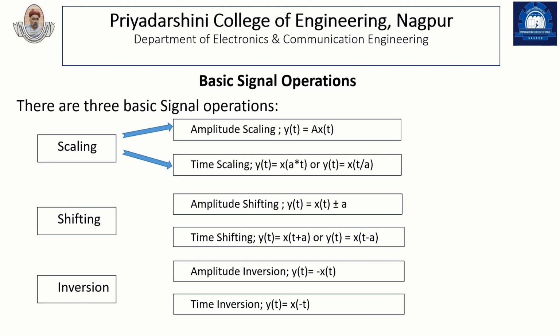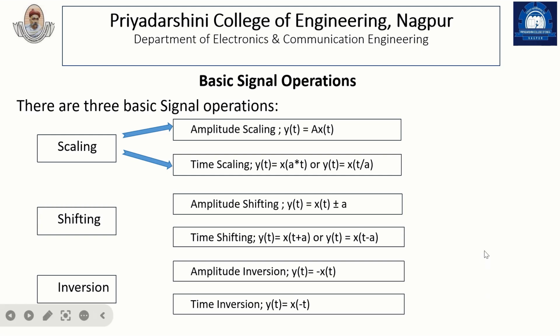Whereas for time scaling, the output signal y of t is equal to x of a into t, or y of t is equal to x of t by a. That means the time value of the signal either gets multiplied with the scaling factor or gets divided by the scaling factor. The resultant signal thus appears either as a compressed signal or as an expanded signal.